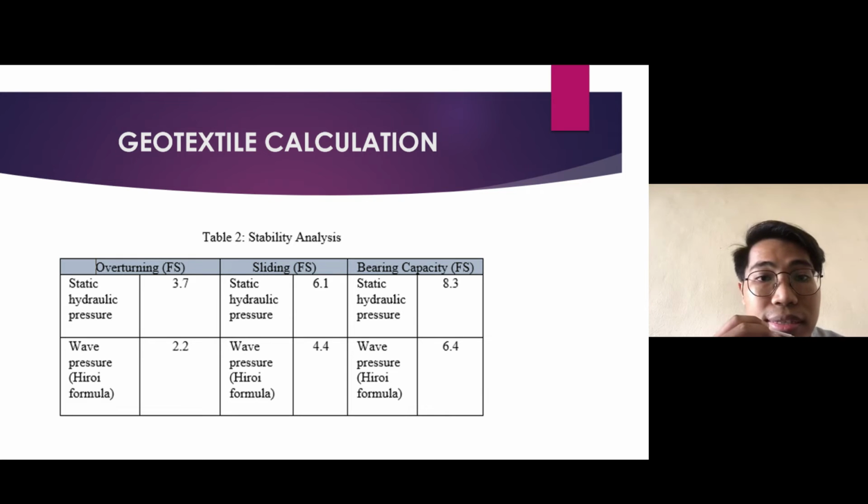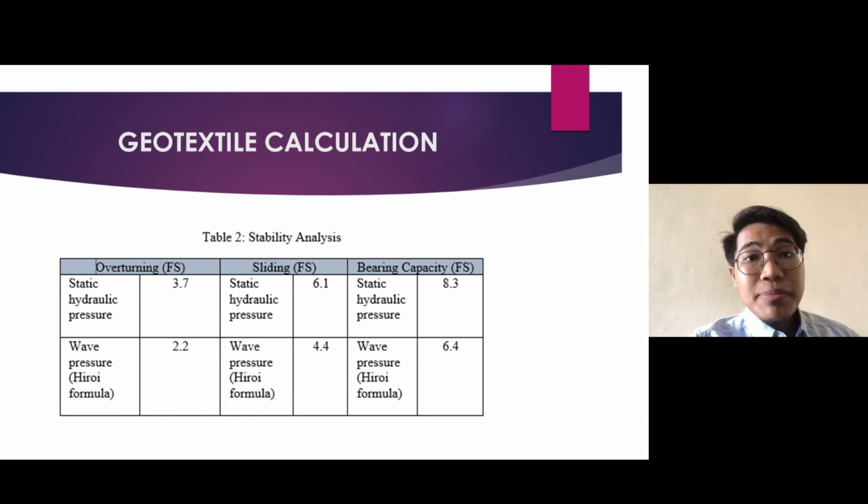In order to assess the stability of a filled geotextile tube structure, the wave force has to be estimated. In this paper, the theoretical stability analysis employed is a two-dimensional hydraulic stability analysis based on linear wave theory and the geometrical stability analysis method.